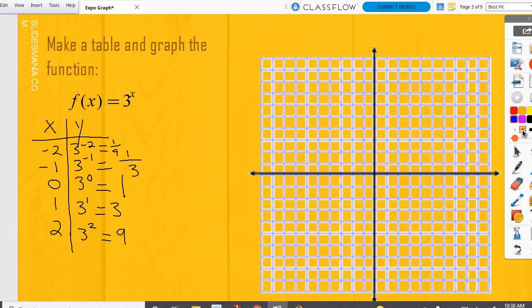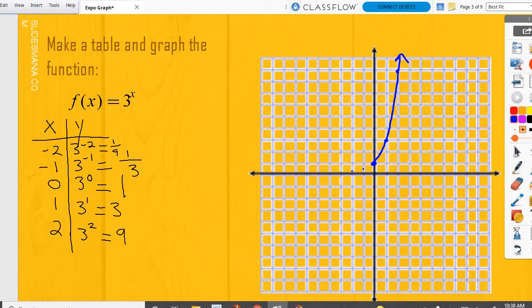So if we graph this, we have 0, 1, 9. This is 1/3, 1/9. Like we said earlier, my right side of the graph is getting bigger and bigger and bigger really, really quickly. And the bigger that our base is, the quicker it's going to get big.